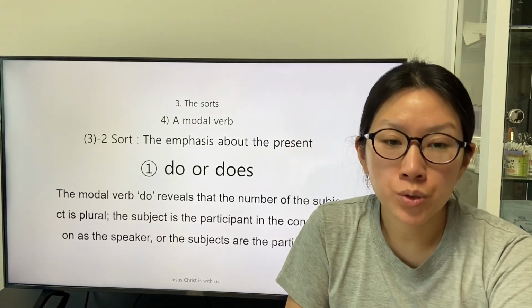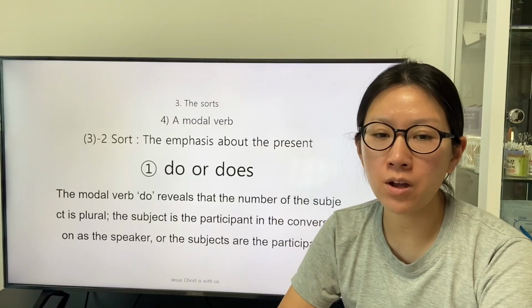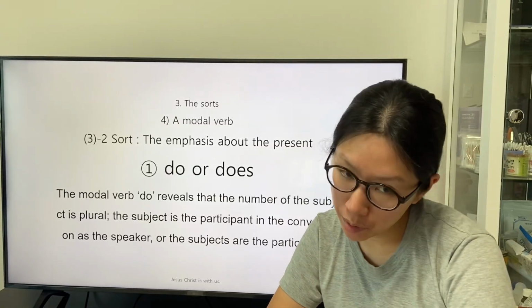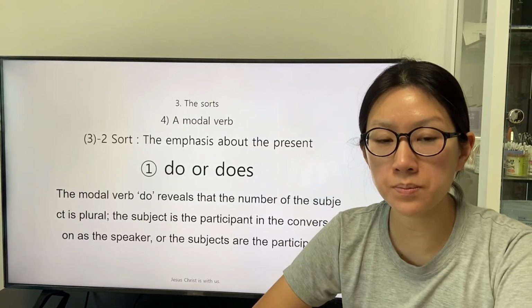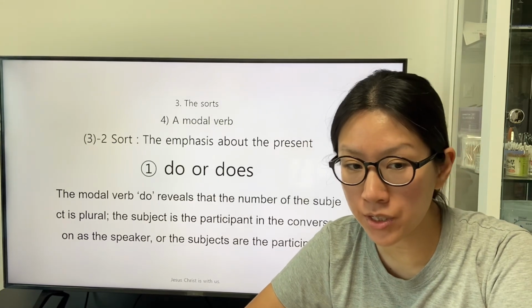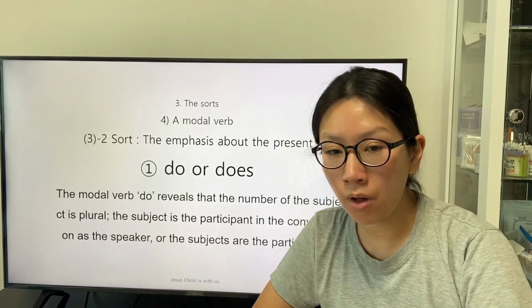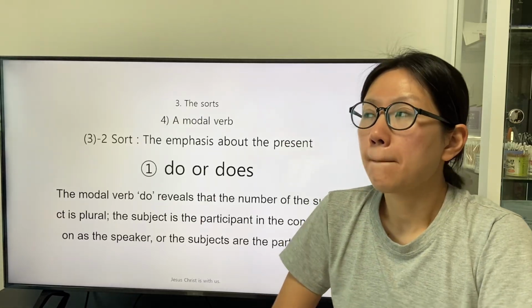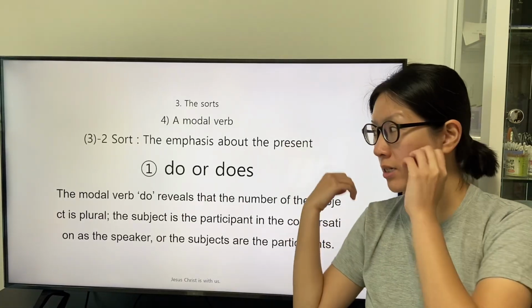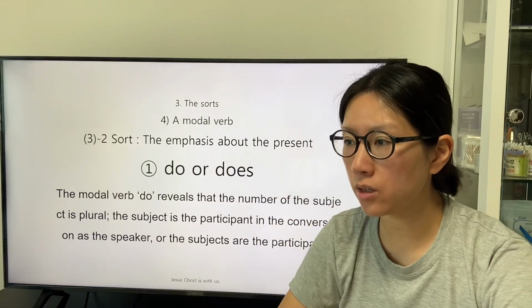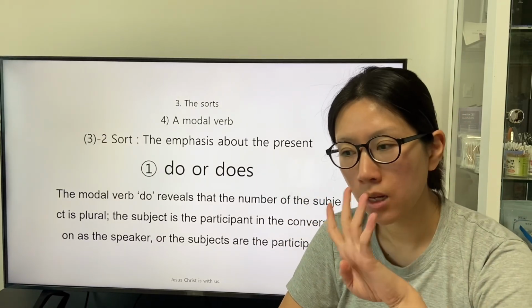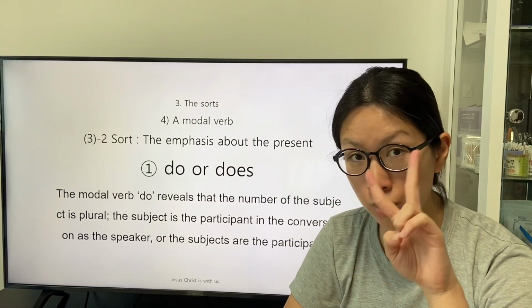The modal verb do reveals that the number of the subject is plural. The subject is the participant in the conversation as the speaker, or the subjects are the participants. This is about the classification of the subject by the two standards.